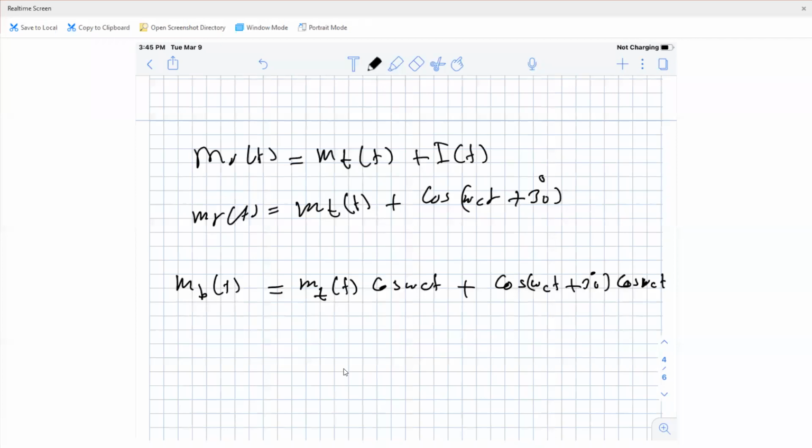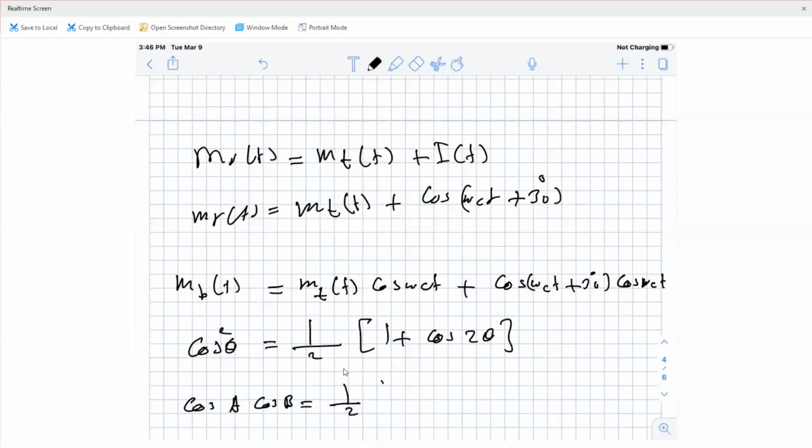Now, to solve such a problem, you need two trigonometric identities. First one is cosine squared theta equals 1 over 2, 1 plus cosine 2 theta, and the other trigonometric identity is cosine A cosine B equals 1 over 2, cosine A plus B plus cosine A minus B. So these are the required trigonometric formulas to solve the problem.